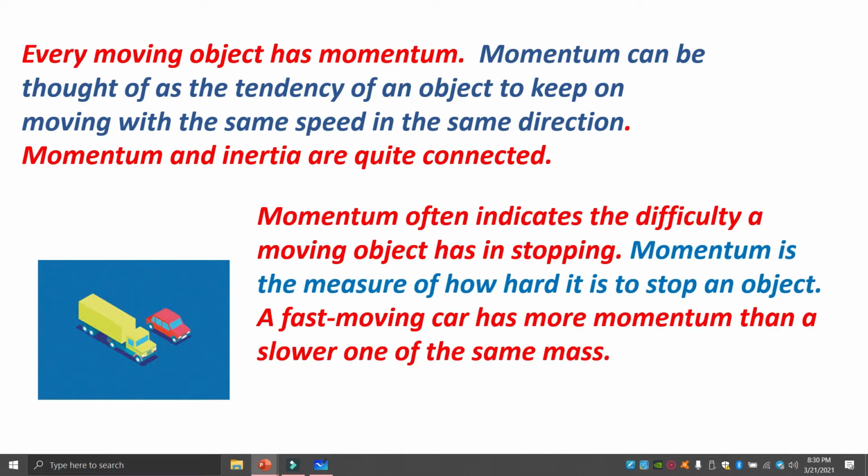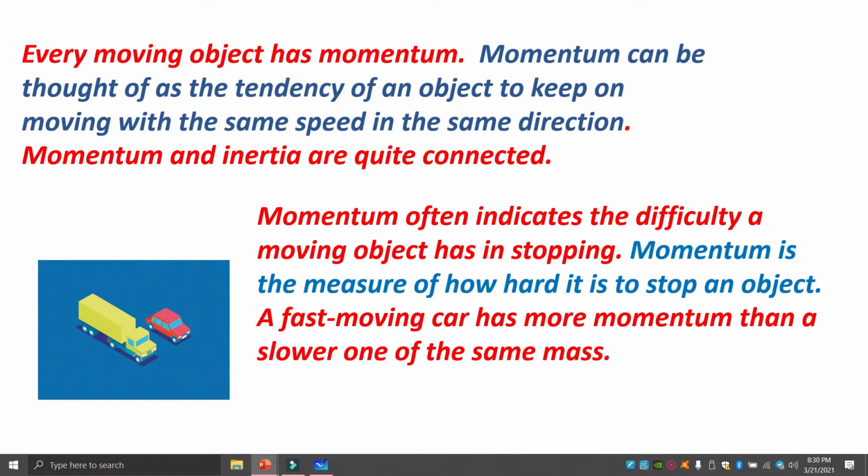Momentum indicates the difficulty a moving object has in stopping. So momentum is the measure of how hard it is to stop an object. A fast moving car has more momentum than a slower one of the same mass.